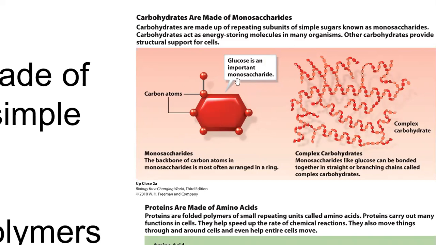So a simple sugar, also known as monosaccharide. Put a bunch of them together and you have a complex carbohydrate, right? Simple sugar, complex carbohydrate. Now, some of these can be used for energy and other things like that.